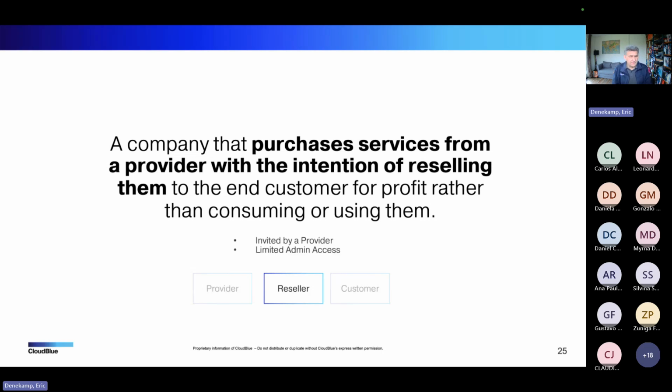And how do you get there? Well, you're invited by a provider. You're going to set up a contract with that provider, or you are an opco of that provider and say, hey, we want to use that platform. If it's a competing reseller, you can have them pay for the usage of it. Or you can say, okay, if you resell my products, I want a percentage of the profit that you make through our platform, because we manage the platform for you.